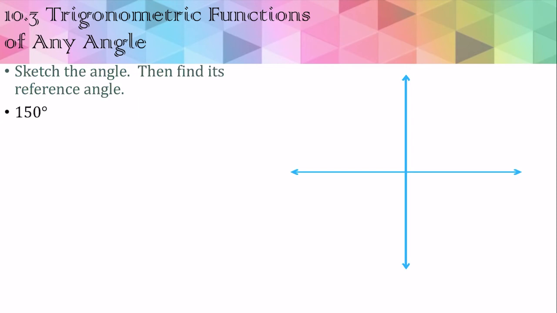So let's sketch our angle and then find the reference angle. So 150 degrees. So this is 0, 90, 180, 270, and 360. So 150 is between 90 and 180, and it's closer to 180. Probably something like that.